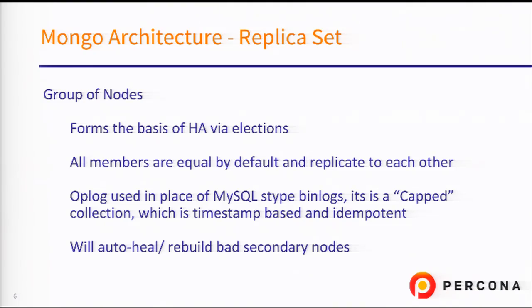But as far as replica sets go, those are just logical members of a group, and they all replicate to each other, but they all also have some HA componentry to them to allow them to fail over. And a lot of what you've been seeing in MySQL with global transaction IDs and MHA is just built into the core of the system, and it'll do it for you.